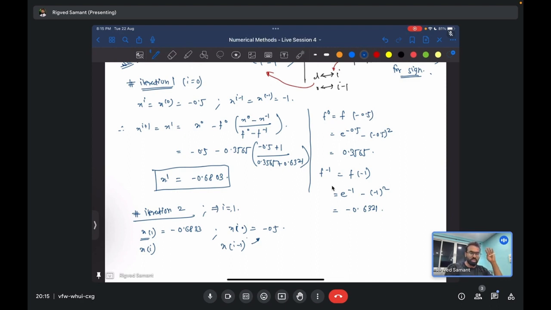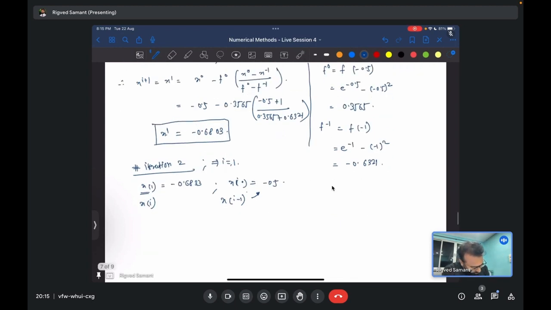So the previous values you will discard, and the latest values you will consider. With this you can calculate again xi plus 2, that is x2 is equal to x1 minus f1 into x1 minus x0 divided by f1 minus f0.